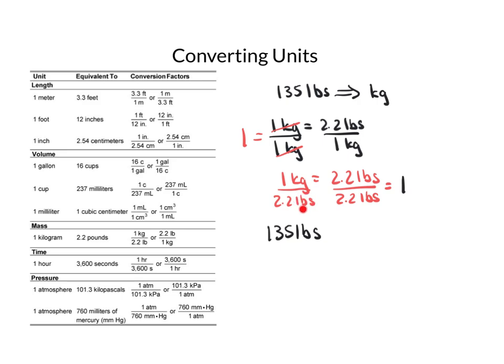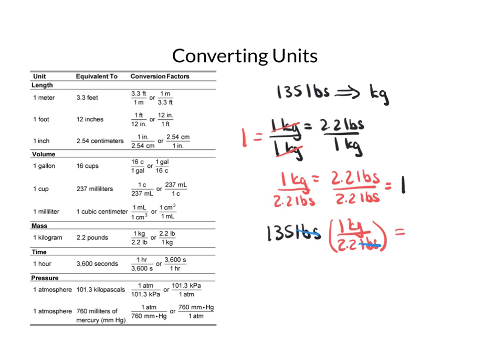So I have pounds in the bottom here and pounds in the top here. If I multiply 135 by this conversion factor, 1 kilogram divided by 2.2 pounds, then my pounds will divide out and my answer will be in kilograms.